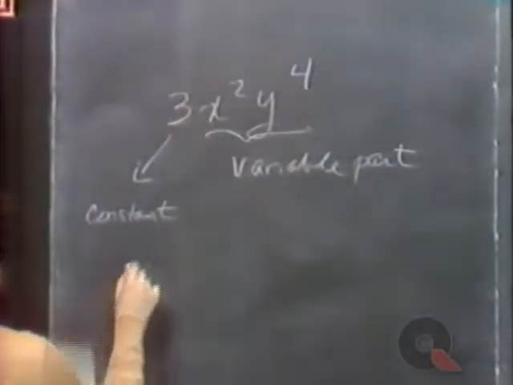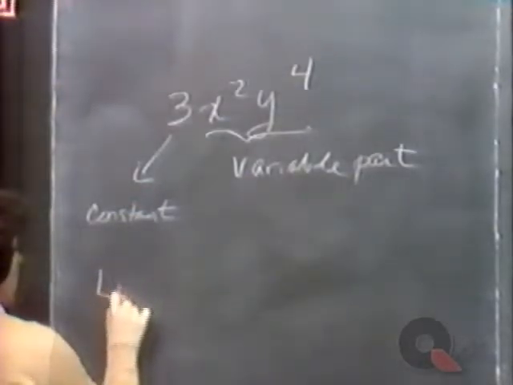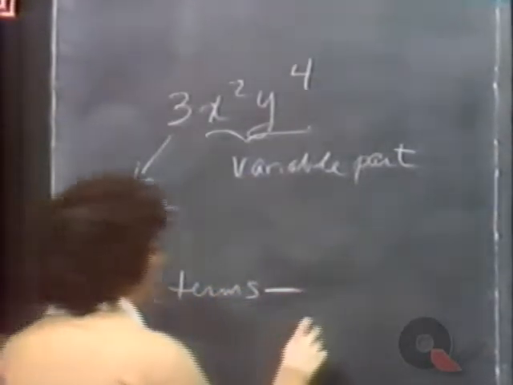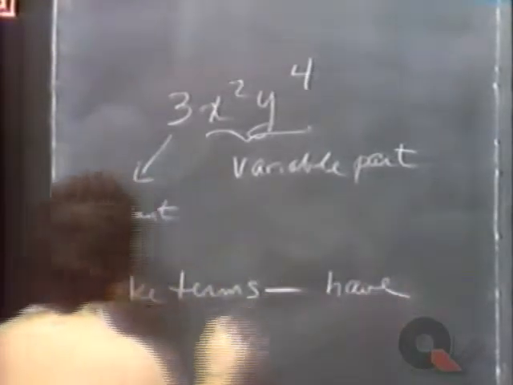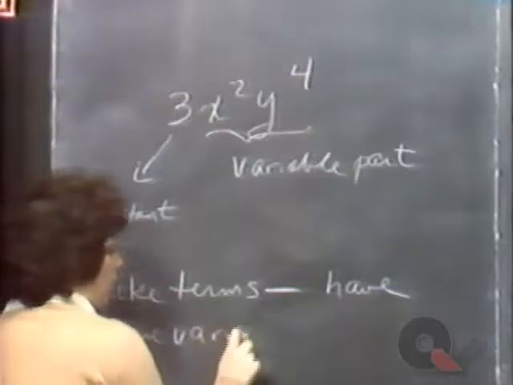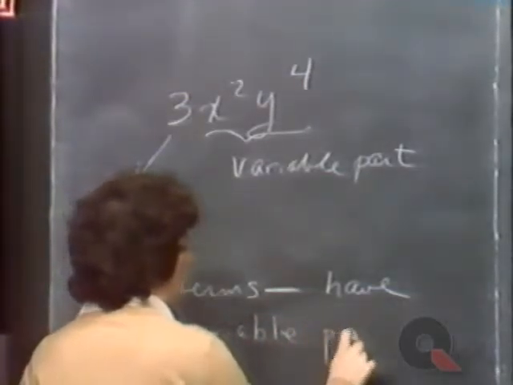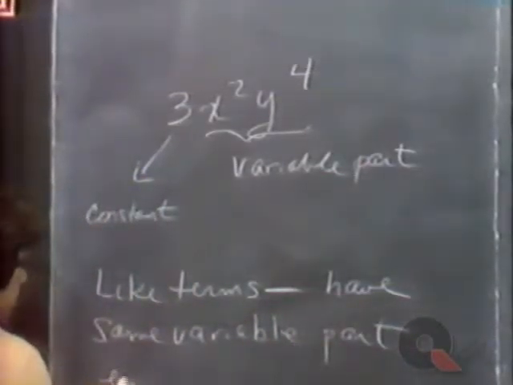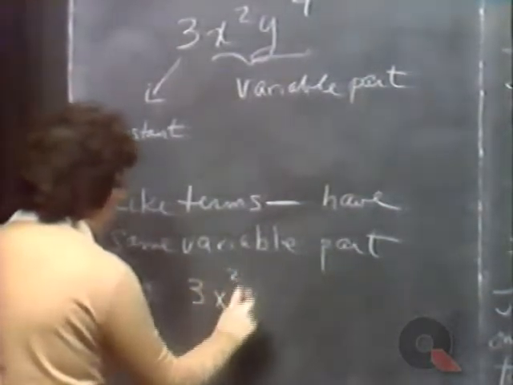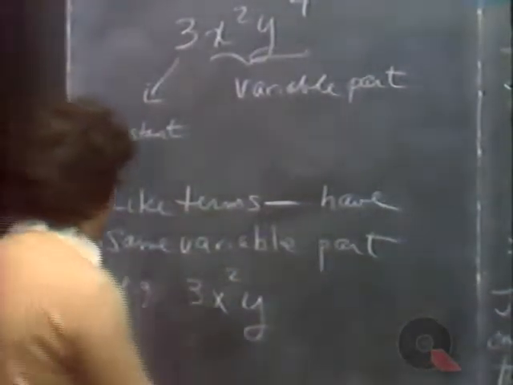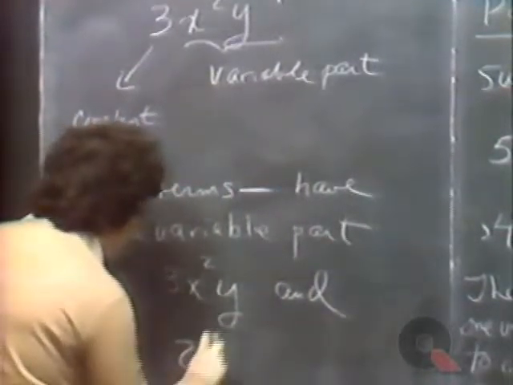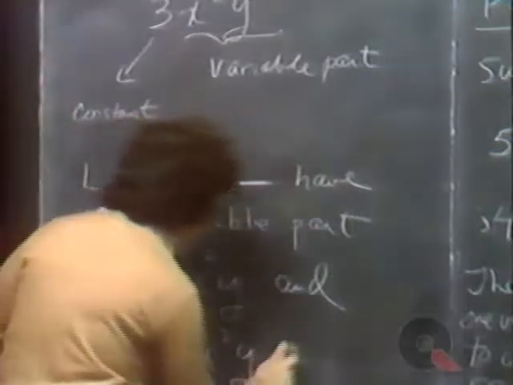So, for example, like terms have the same variable part. As an example, 3x squared y and 2x squared y are like terms.